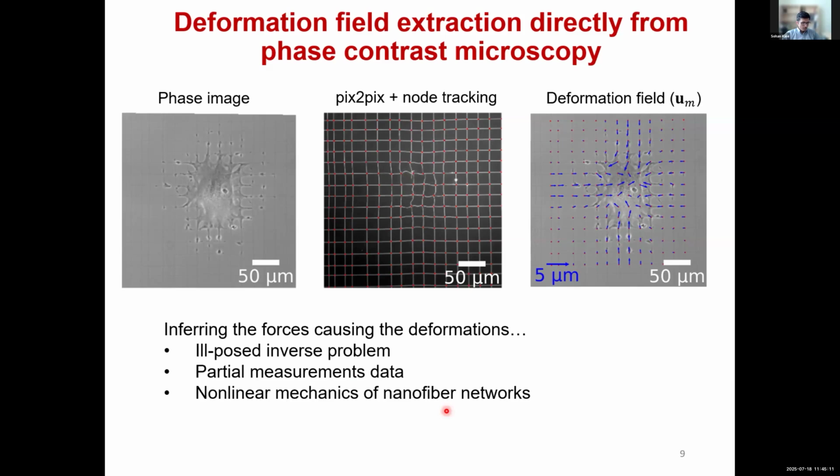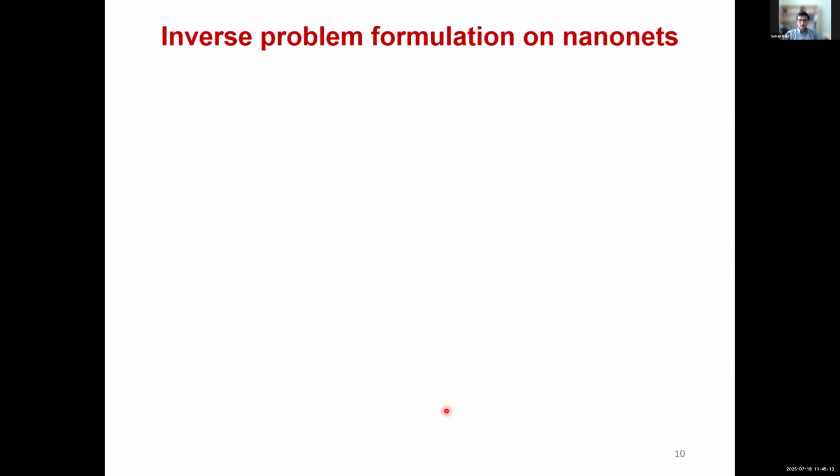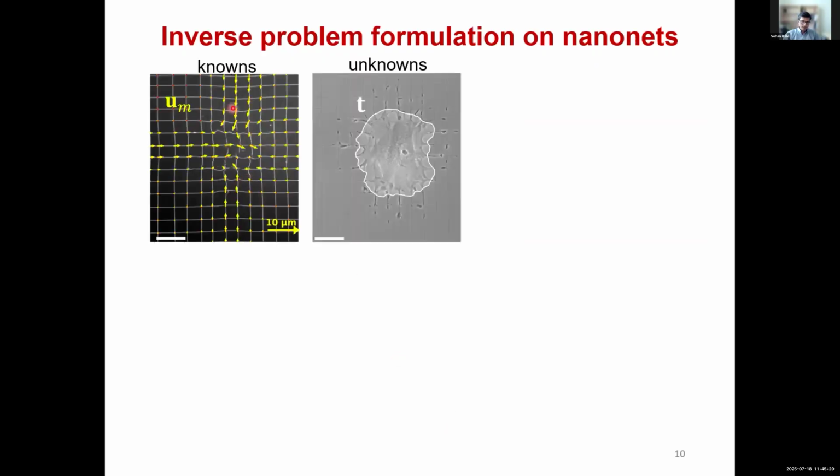So how do we solve this problem? We pose this as an inverse problem. The knowns in this problem are the displacements at the fiber intersections, and the unknowns are the forces or tractions T exerted by the cell. I'll explain each term, but we pose this as a constrained minimization problem.